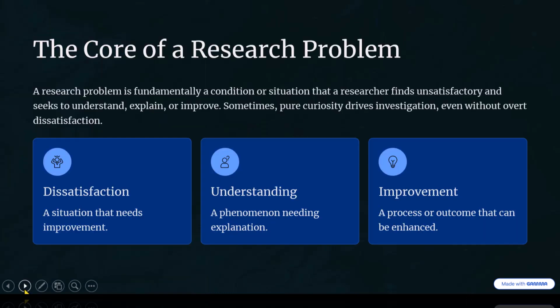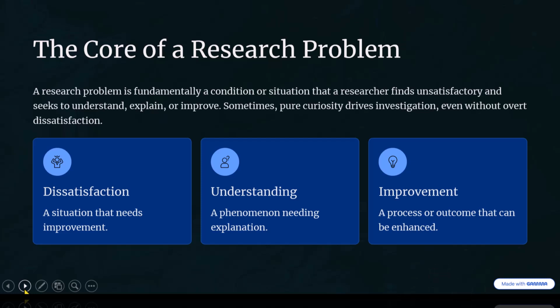Now, a research problem I define here is fundamentally a condition or situation that a researcher finds unsatisfactory and seeks to understand, explain, or improve. If you are improving it, it means that your study will be an intervention study.